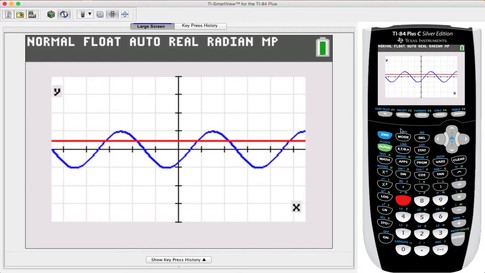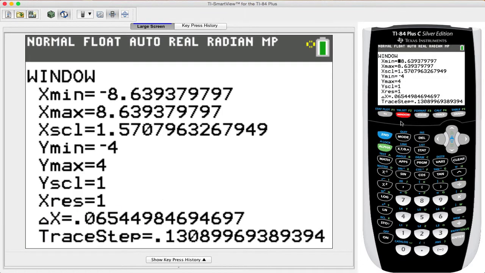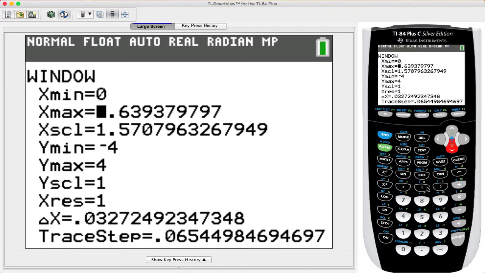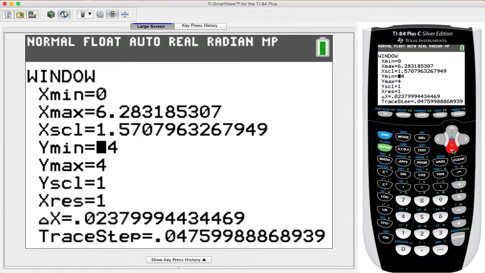Next, I'm going to press window, and I'm going to restrict this to the interval that we have. The min x value should be 0. The max x value should be 2 pi. So let's put that in place. And also, let's keep the amplitude as it is, -4 to +4.